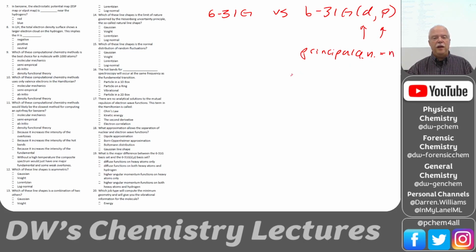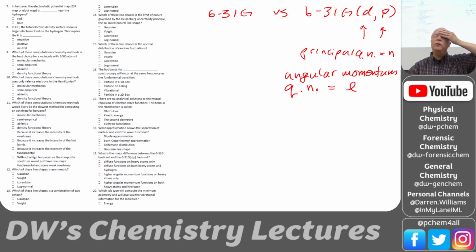And then there's the angular momentum quantum number, which is equal to L. And when we're talking about all of these quantum numbers in freshman chemistry, the L quantum number starts at 0 and goes all the way up to n minus 1.